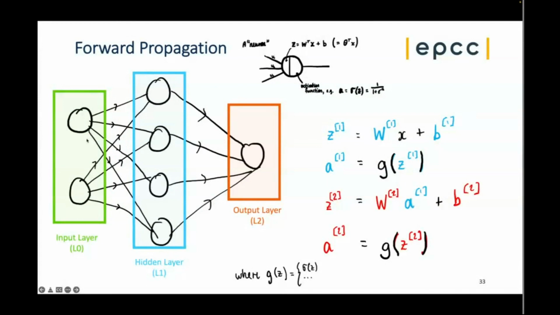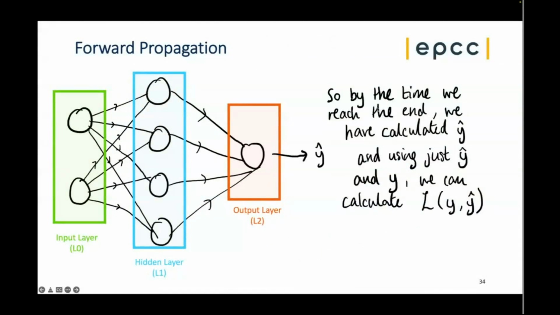So we do that repeatedly until we get a value out at the end, shown here as A2, which is the value in our final neuron. By the time we reach the end, we have calculated our y hat, our predicted value, and using just the y hat, the predicted y, and the y, the known label from our training data, we can calculate the loss.